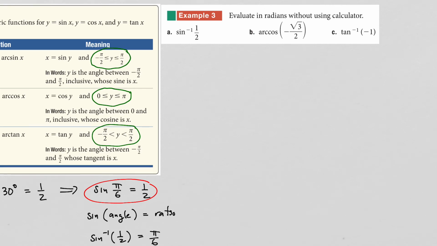So for this first problem, it says, evaluate in radians without using a calculator. What is the inverse sine of 1/2? Now, we just talked about that down below, but how would you do this? Well, first of all, you have to understand that this is going to give you an angle. The second thing you have to understand is where is that angle going to be?